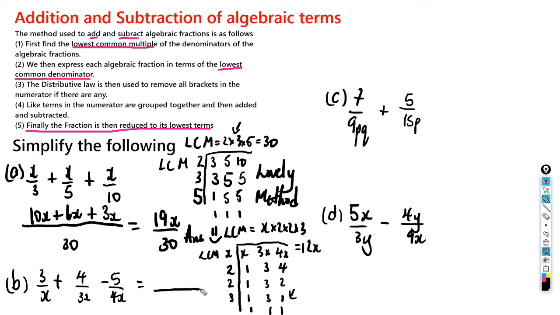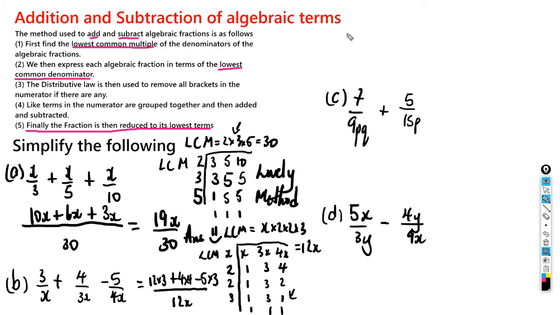Cool. So we're going to put 12x. x can go into 12x 12 times, so we're going to get 12 times 3 for the numerator here, so it's 12 times 3 plus 3x goes into 12x 4 times, so it's 4 times 4, and 4x goes into 12x 3 times, so this is minus 5 times 3.